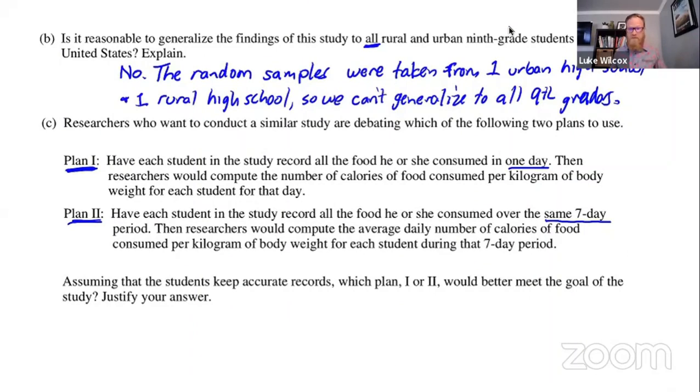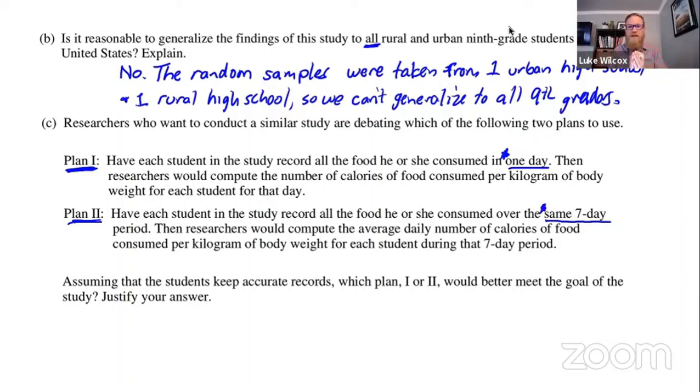Justify your answer. Now, here's the deal. If they just did it for 1 day, it would sort of depend on the day. Like some days students eat more, maybe it's Friday night and they go out and have pizza and their calories are higher, and then other days are lower. If we were to do it for 7 days, we would have the lower ones and the higher ones, and then we take the average of those.